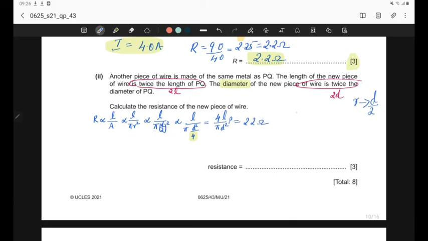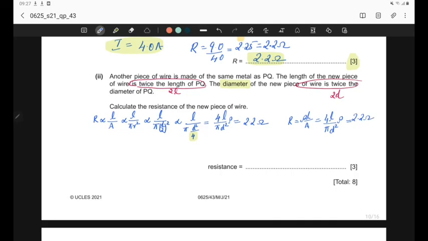So I am just writing the resistance of the wire PQ. That equation we have learned, rho L by A, is one of the very important equations. But when we write the same equation in terms of diameter, we get 4L over pi d square times resistivity, and this value we have already calculated, 2.2 ohm.